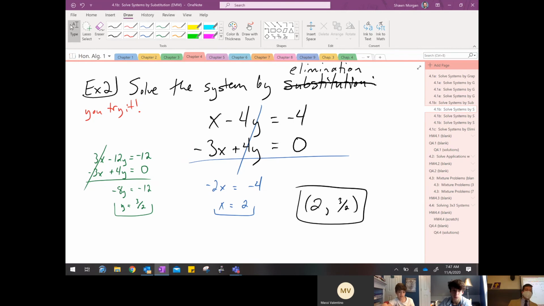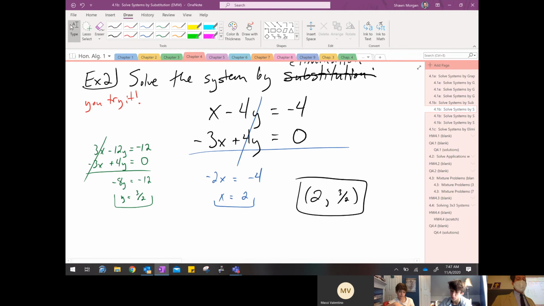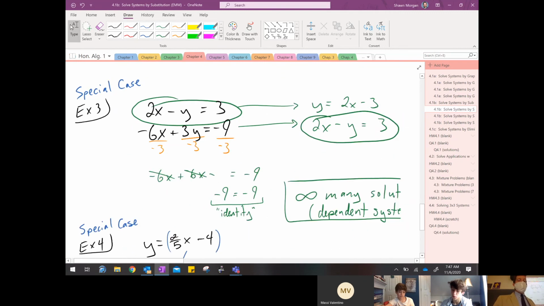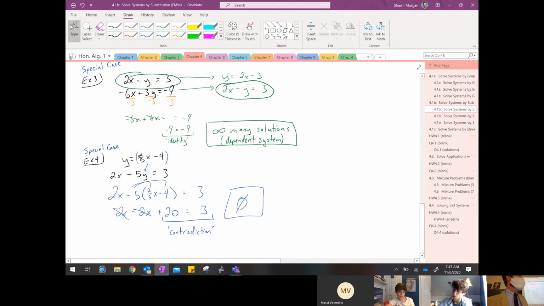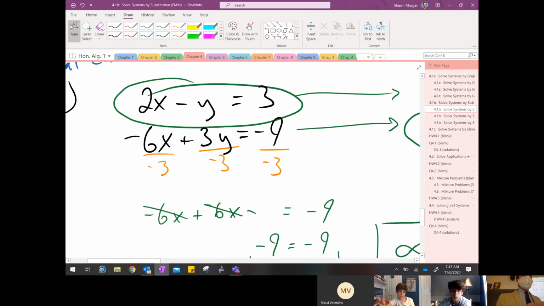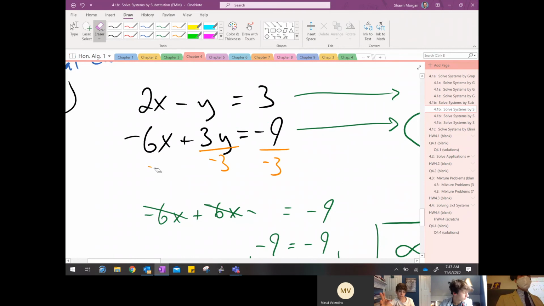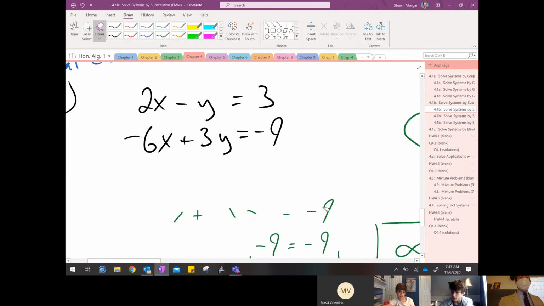Now, we did talk about those two special cases, and how when you have a special case, sometimes you get to working on it and you reach an identity or contradiction. The same thing will happen with elimination. If we were going to work this problem again using elimination, I would multiply the top row by 3.